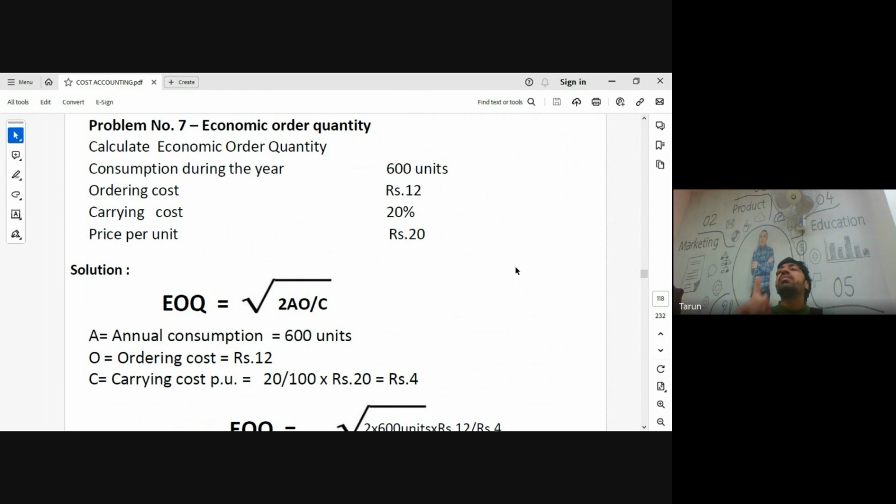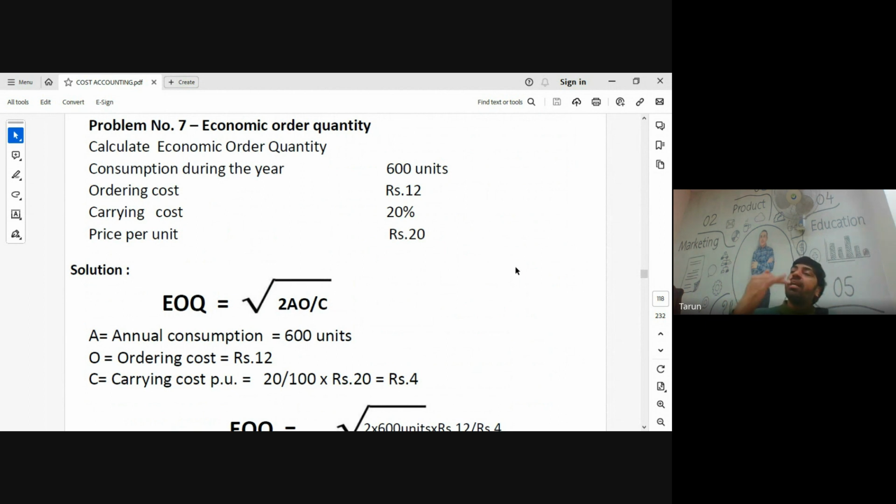So 20% of 20 gives the carrying cost per unit, because we need to estimate the carrying cost per unit. Since the price per unit has been given in the question, you can easily calculate the carrying cost per unit, that is rupees 4.